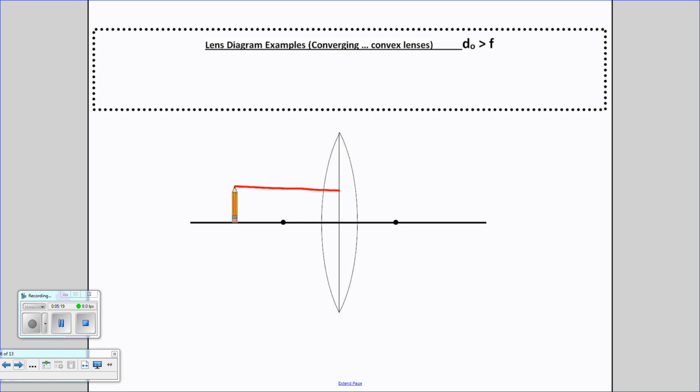So the line bends towards here, so it's going to bend towards this focal point. And it goes straight through. Line 2, in through the focal point. So I've already taken care of that focal point over there. I'm now going to care about this one. In through focal, out parallel.